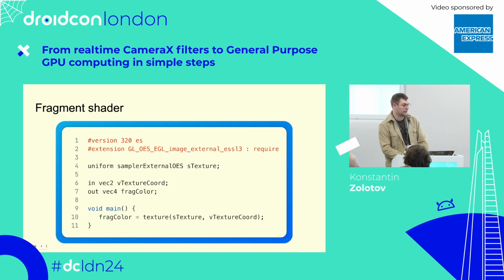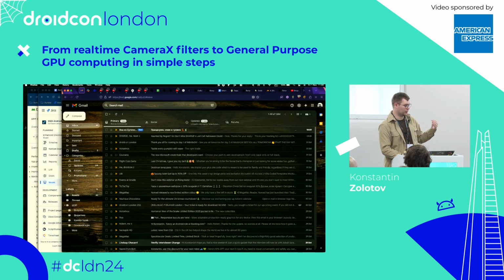This is the basic shader that just relays the input pixel to the output. So we are writing what the texture provides us to the output color.